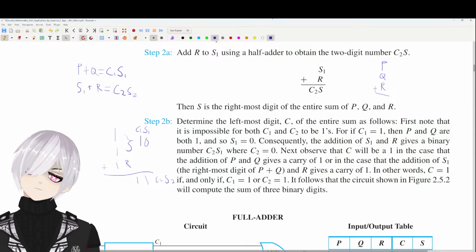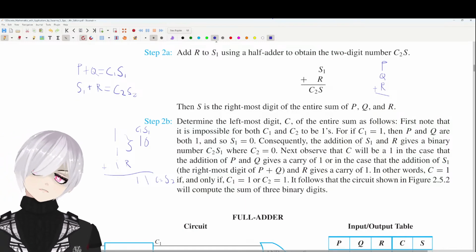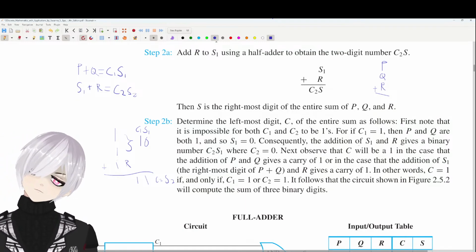Yeah. So you got the first step, right? We suppose that C1 is 1, it follows that S1 is 0. Yeah, that part makes sense. Easy to follow. What about the next part? The next part: we're still working under the supposition that C1 is 1, and we showed that S1 is 0. Now we look at the next equation, S1 plus R equals C2S2, or C2S.